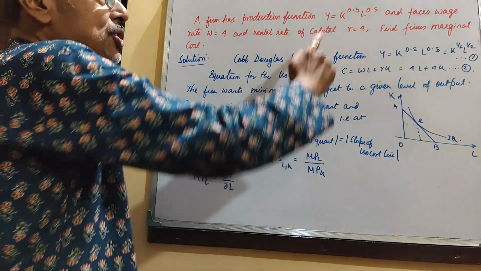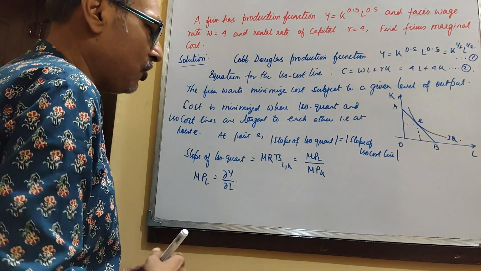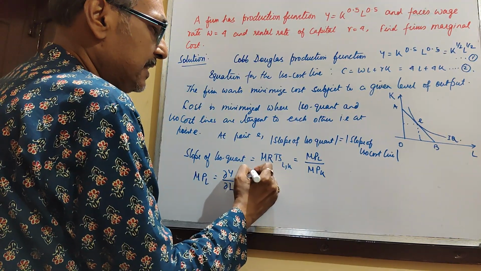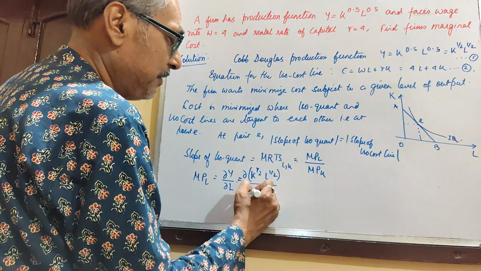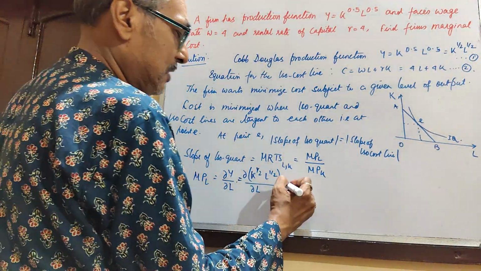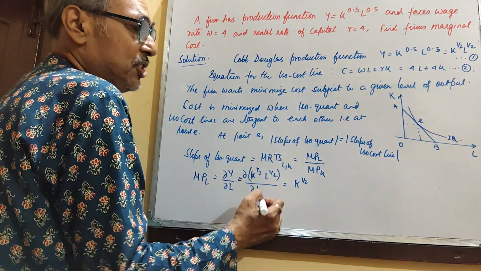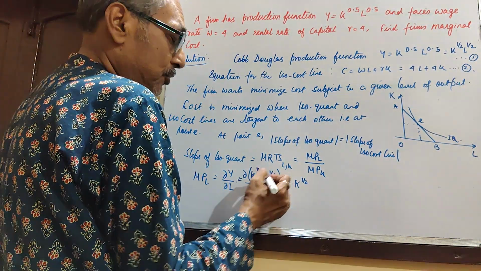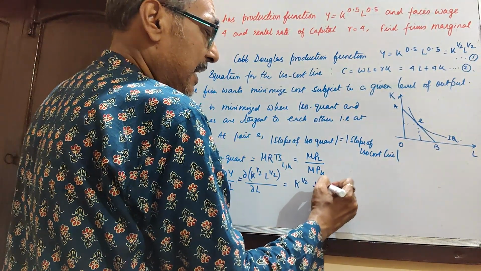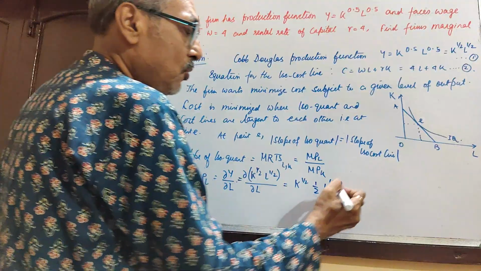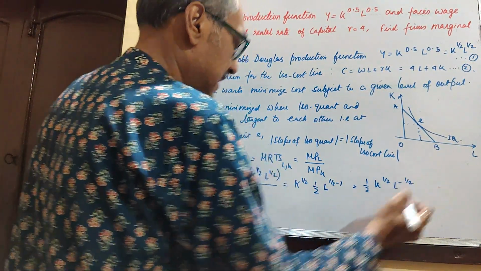We differentiate k to the power half, L to the power half with respect to labor keeping capital constant. Here k to the power half is a constant term. Now we differentiate L to the power half with respect to L. The half comes down, and L to the power half minus 1. This becomes half k to the power half L to the power minus half.